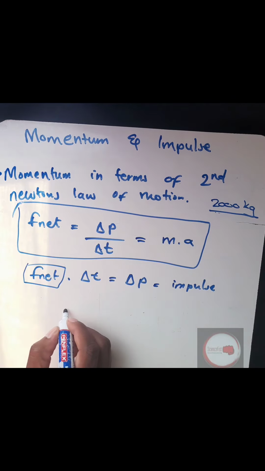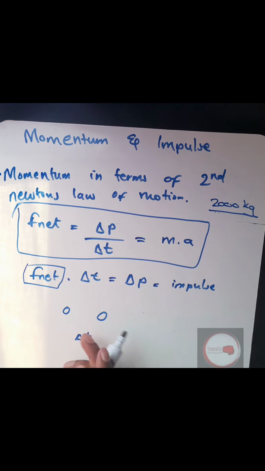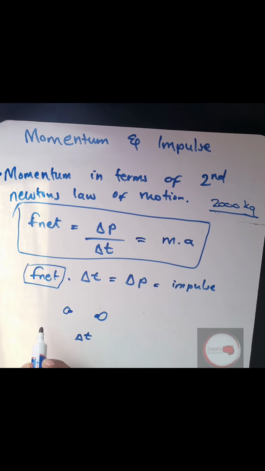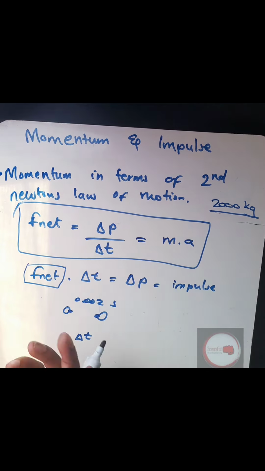If the two objects collide, they take a certain time, delta t, to come to a stationary point. Let's say they collide, and then after 0.002 seconds they come to a standstill. This is the interval that we are looking at.